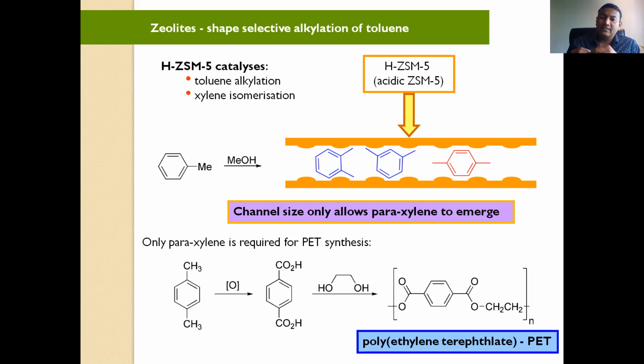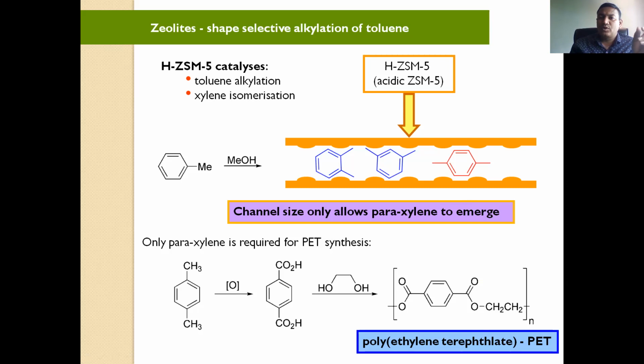When there is alkylation, there is no possibility to form the ortho or meta product, right? Because see here in the picture, you can imagine it. So there is a possibility to prepare only the paraxylene.